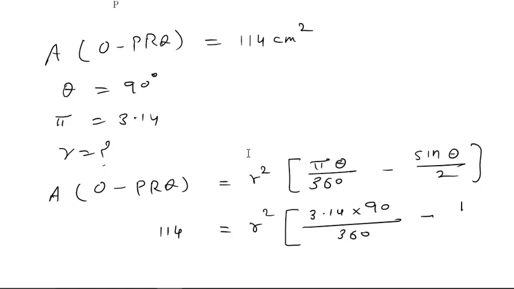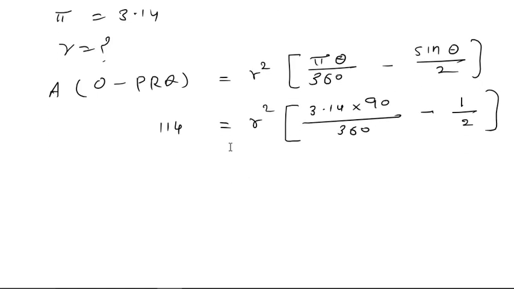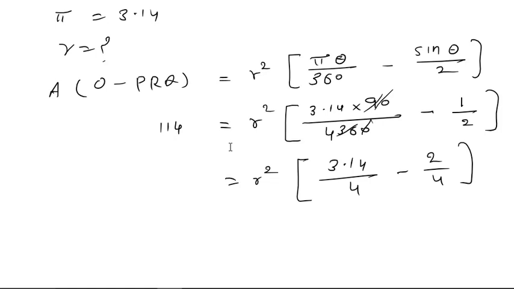Sin 90 is 1, so 1 upon 2. So here we get R square. 0 0 will cancel, 9 4s are. So it is 3.14 upon 4 minus, here I will write 2 upon 4. Okay, and here it is 114. So 114 equals R square into 3.14 minus 2, which is 1.14, divided by 4.